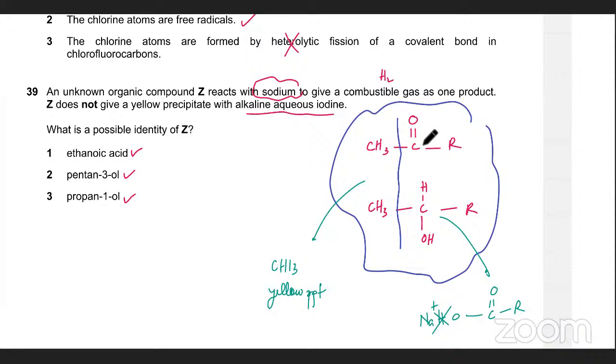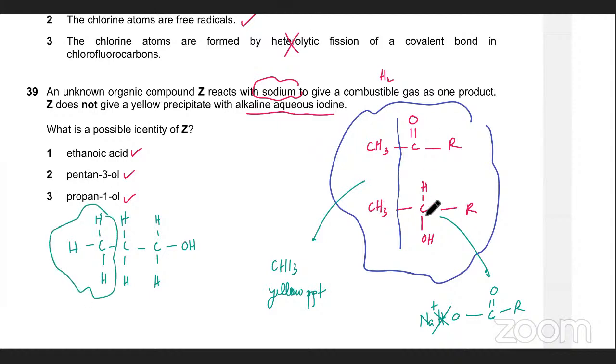So the first one, let me just start with 3 first. Propan-1-ol. It's got OH at the end. So that is not going to work, because you need a CH3 right next to the C-OH.